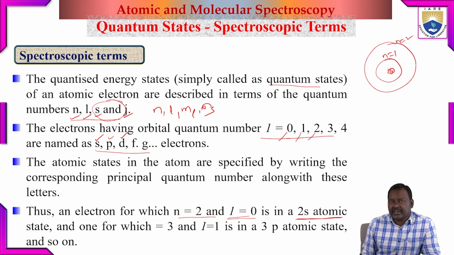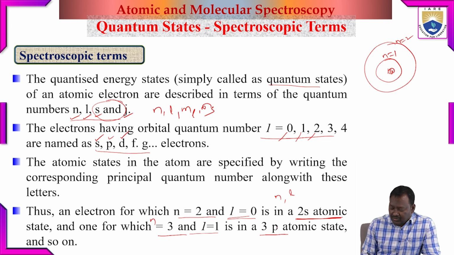If n equal to 3 and L equal to 1, then that particular state is called the 3p atomic state. So this is the indication of atomic states regarding the principal quantum number and orbital quantum number.